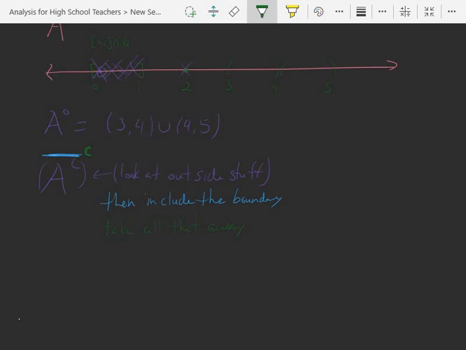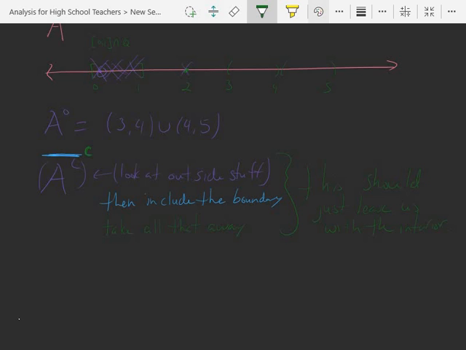Okay, what that does, it takes away the boundary stuff and it takes away the outside stuff, so I should just be left with the interior stuff. Okay, let's see if that works.